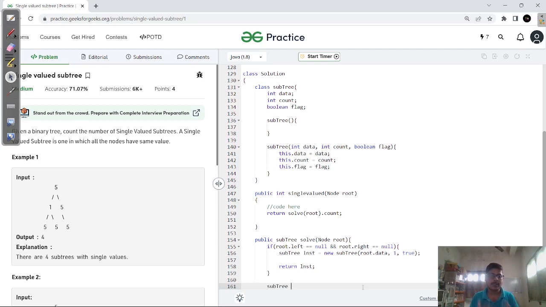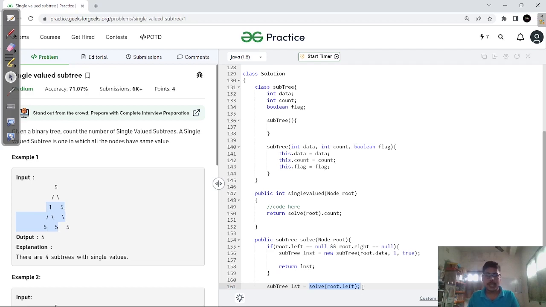I am keeping faith in the function solve, that when I call solve root dot left, for this node I am calling this left part, it will give me the left root node, the number of single root subtrees in this subtree, and whether the left subtree is a single node subtree or not.